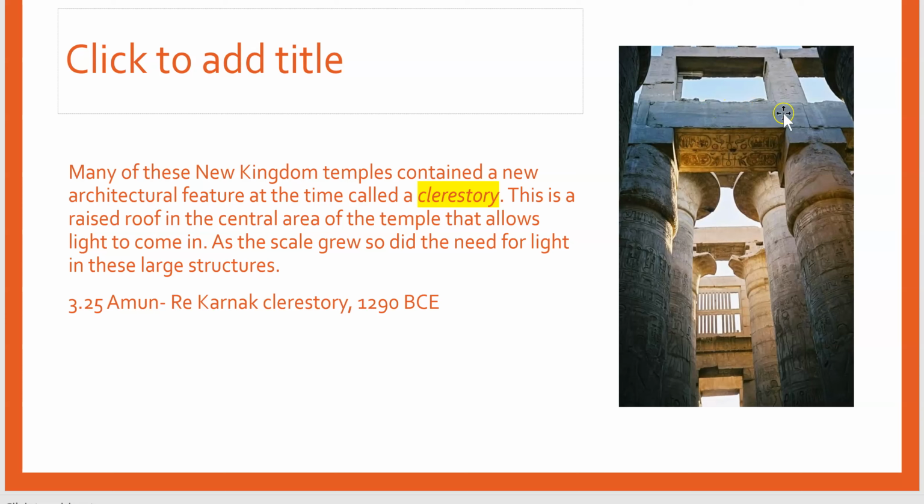If this stone is longer, the chances of it collapsing in the middle are greater. So they have lots of pillars closer together, but that closes the space and makes it very, very dark. So you leave that roof open and now you have a clerestory. I want you to know that, and this is an example of that. It's that raised roof.